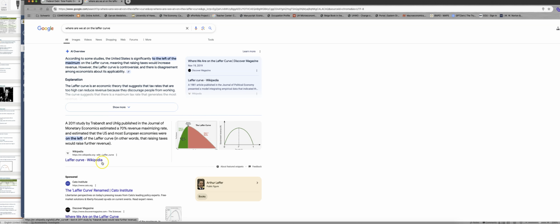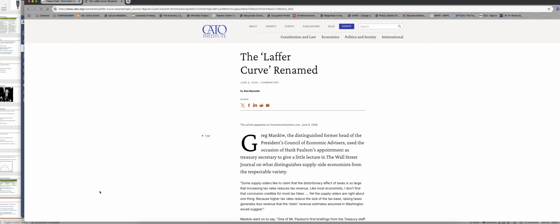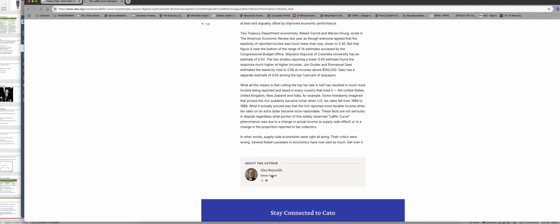Oh, they renamed it. Now they call it taxable income elasticity.